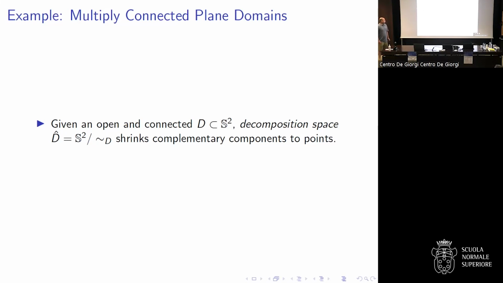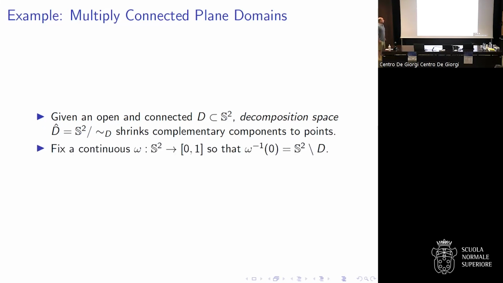And then there are many ways to put metrics on the decomposition space. One easy one is you fix a continuous weight omega on the sphere, which is 0 exactly on the complement of the domain. So I guess it's a conformal change of metric in the domain.